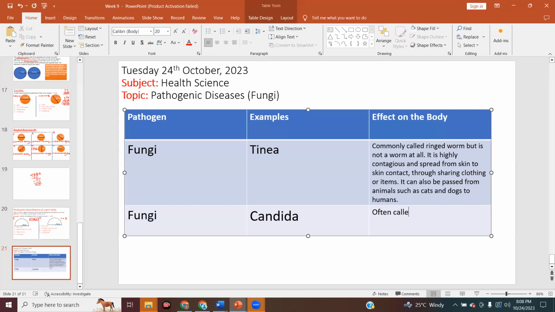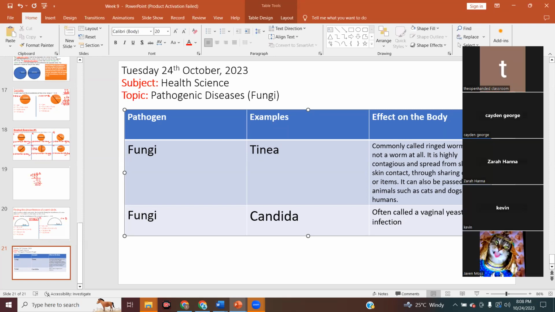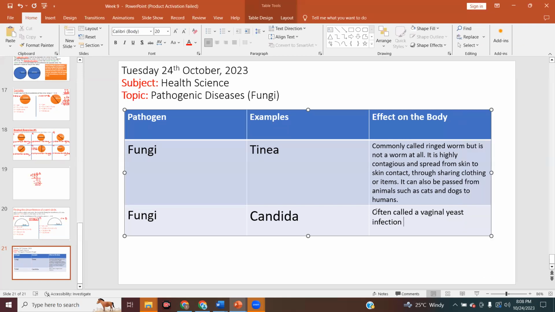All right, Candida, often called a vaginal yeast infection. Petit, all I see is whitish yellow stuff on the tongue and rashes. Oh, you looked it up?